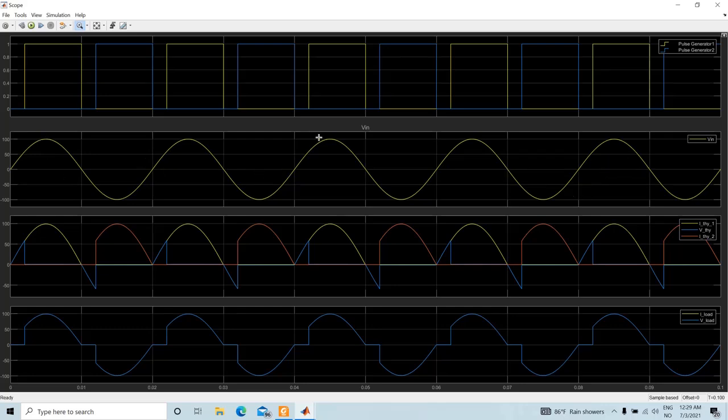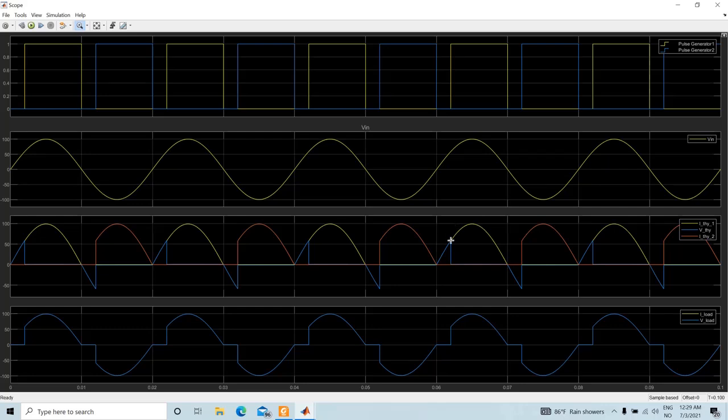And if you notice, the thyristor 1 starts conducting when you give the trigger here. So when you give the trigger here, thyristor 1 starts to conduct.